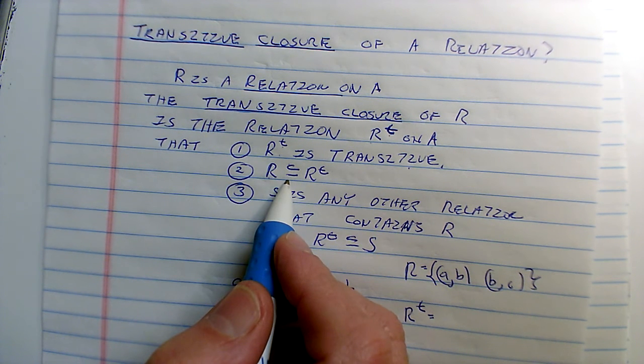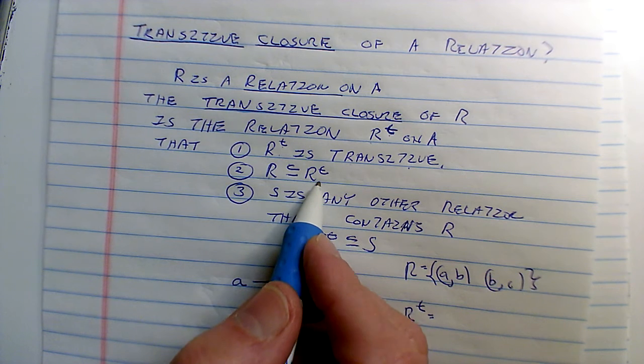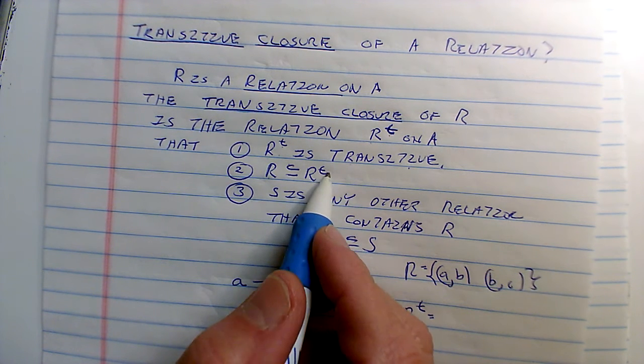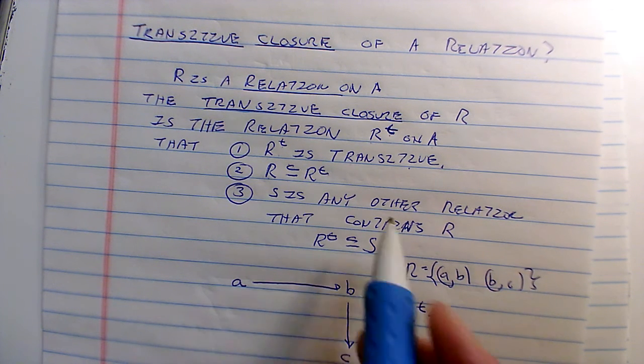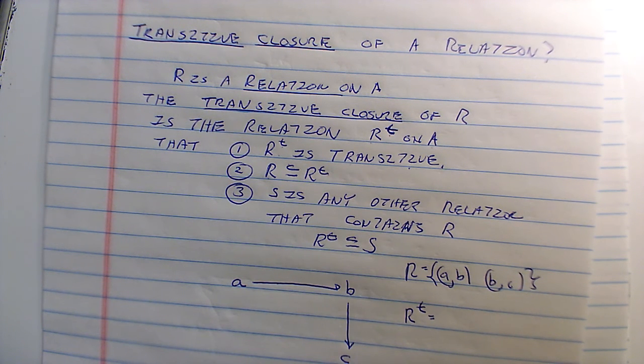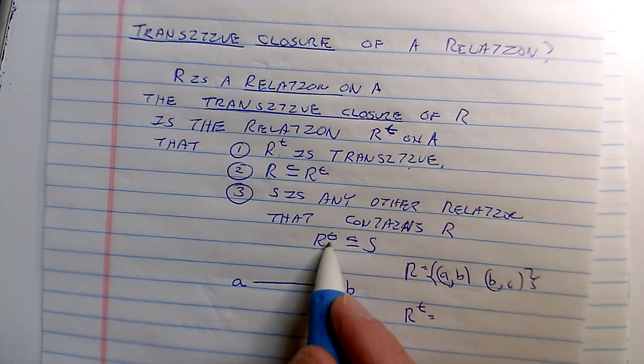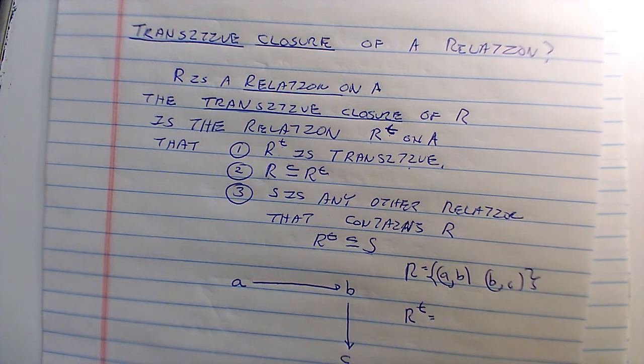R is a subset of the set that includes the closure, and S is any other relation that contains R, and it says R^T is a subset of that. Okay?